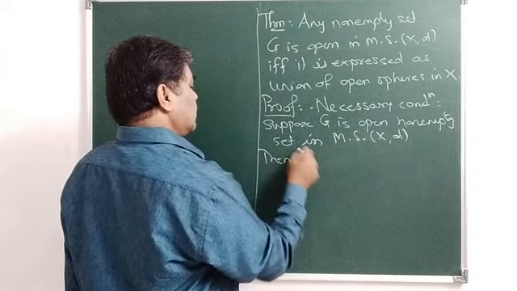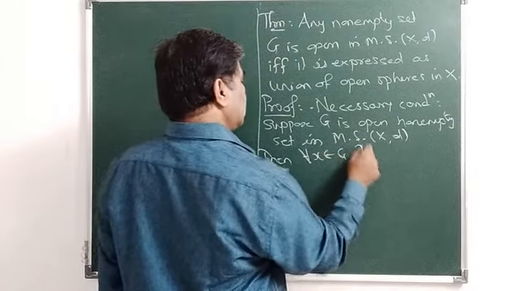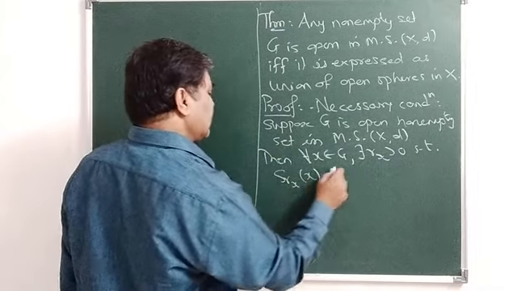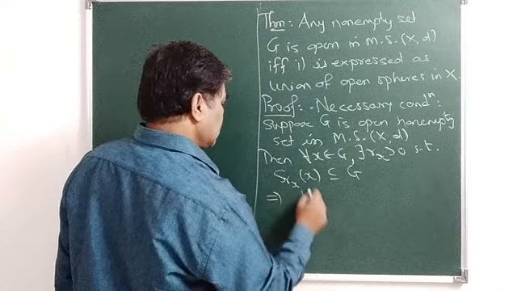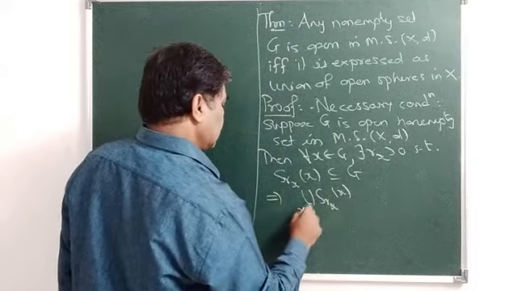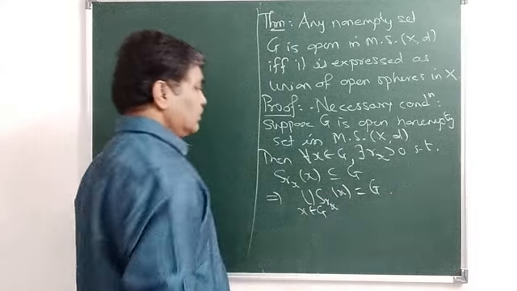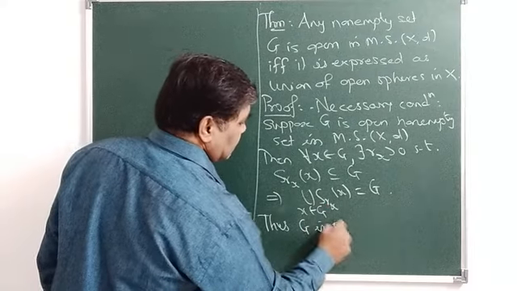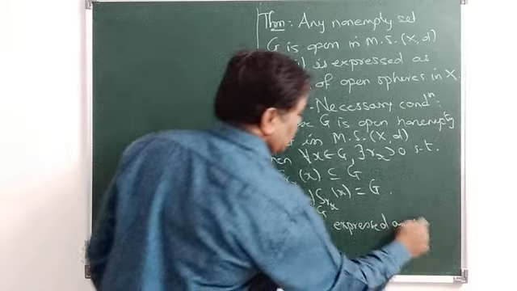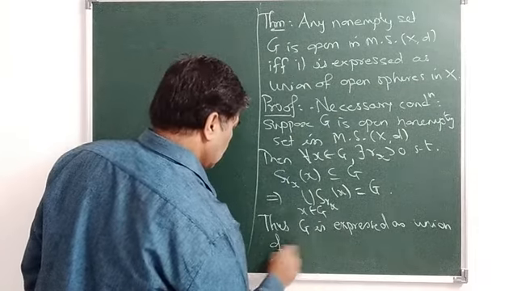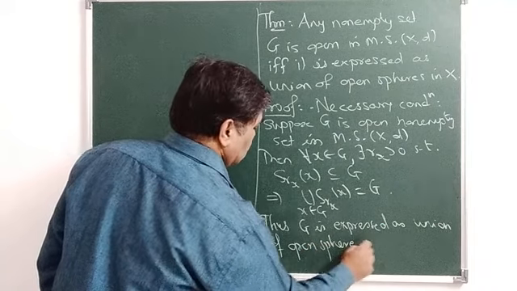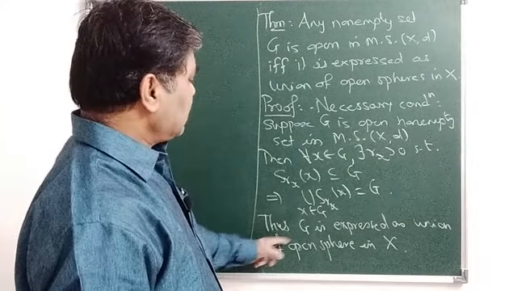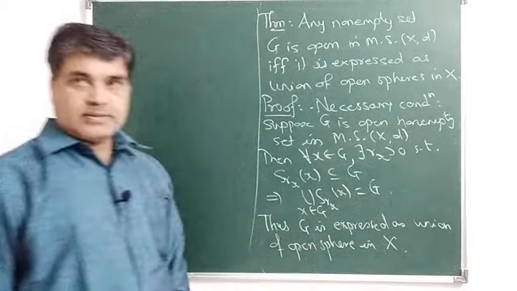Then for every x belongs to G, there exists r_x greater than 0 such that the open sphere about x with radius r_x is contained in G. This implies the union of S_{r_x}(x) over x belongs to G must be equal to G. Thus, G is expressed as a union of open spheres in X. So any non-empty open set is expressed as a union of open spheres in X. Okay.